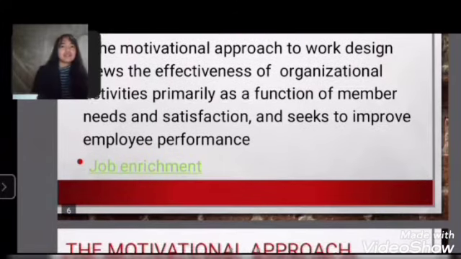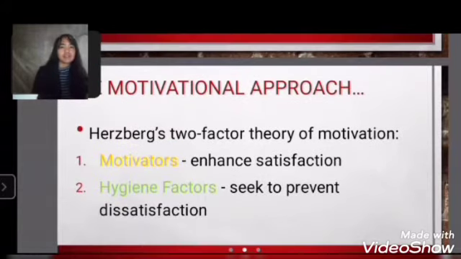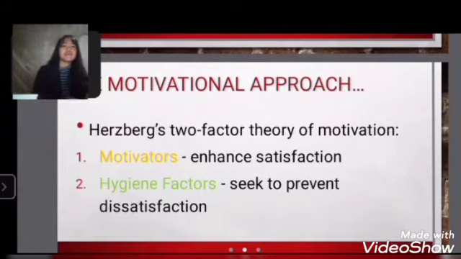In addition, Herzberg's two-factor theory of motivation proposed that certain attributes of work relate to the job satisfaction and dissatisfaction of employees. We have two. One is the motivators, which enhance satisfaction.